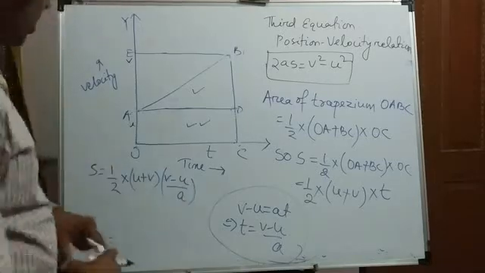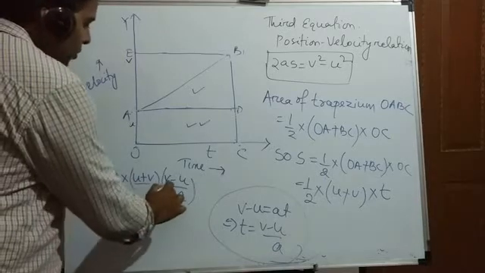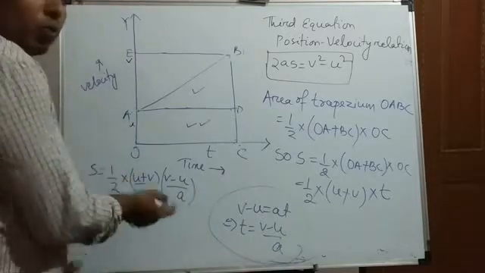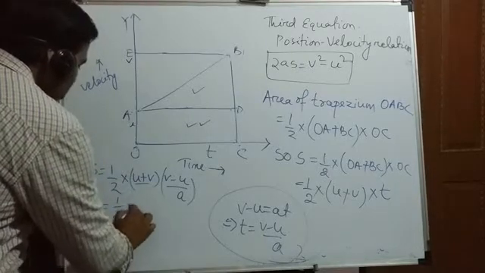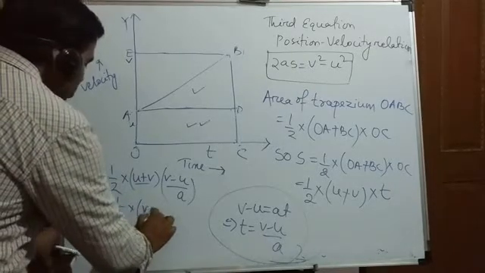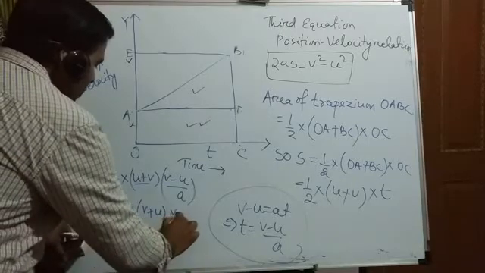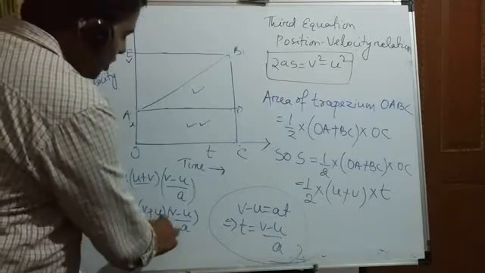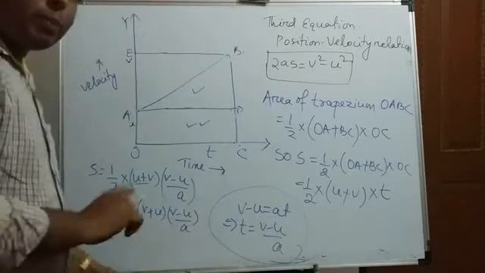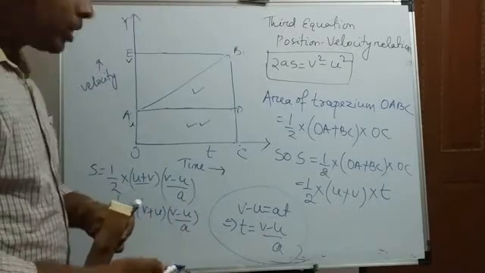Now look here, this is U plus V, this is V minus U. We can write V plus U, so S is equal to half into V plus U into V minus U by A. Here V plus U into V minus U is like A plus B whole into A minus B, A square minus B square.